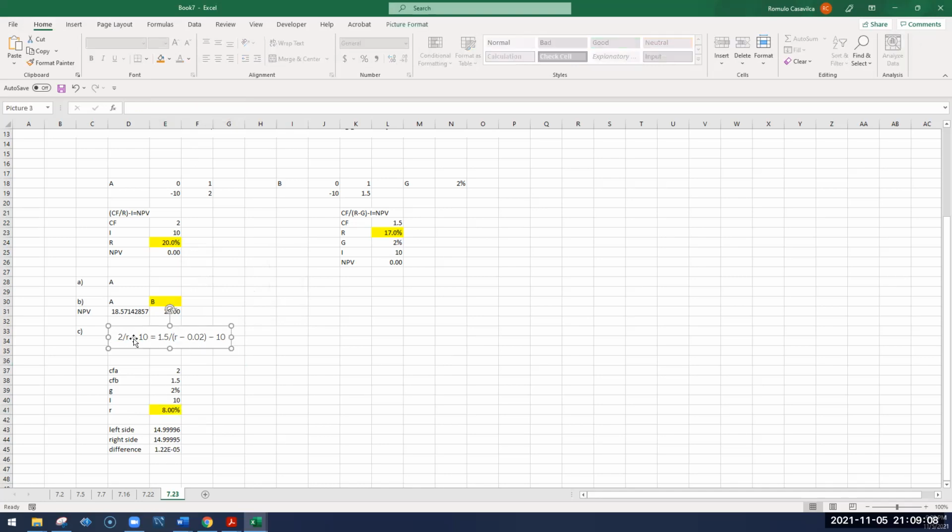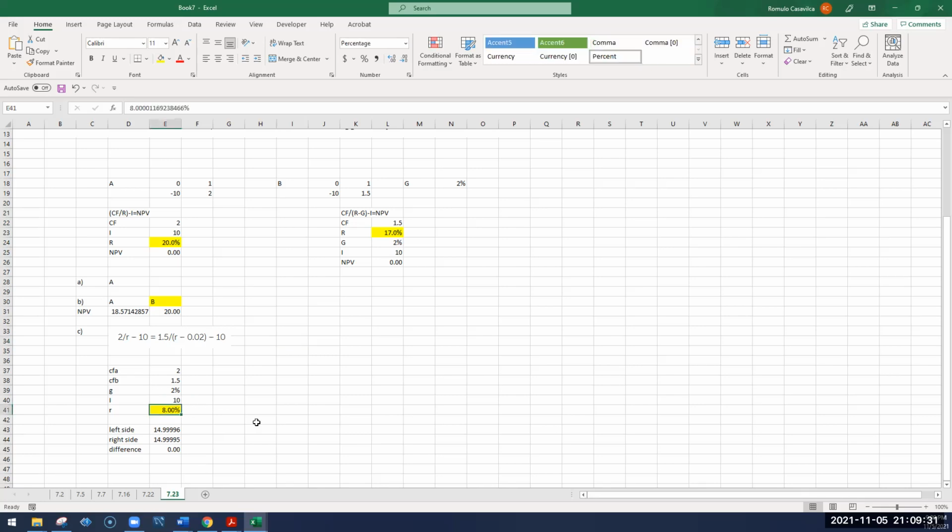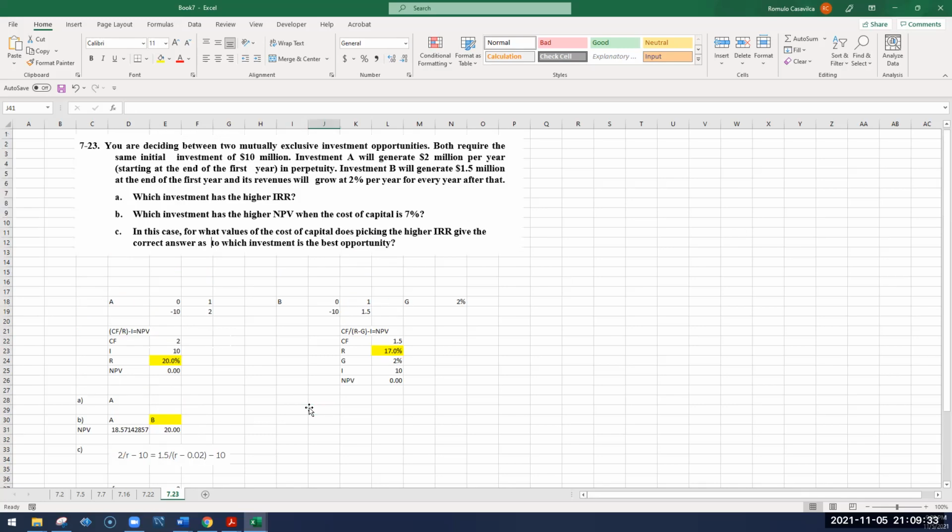If you solve it manually, algebraically, you will get 8%. I just did it in Excel here. Excel is genius. That's how you do algebra in Excel. So you just type 8% in the answer key. That's it.